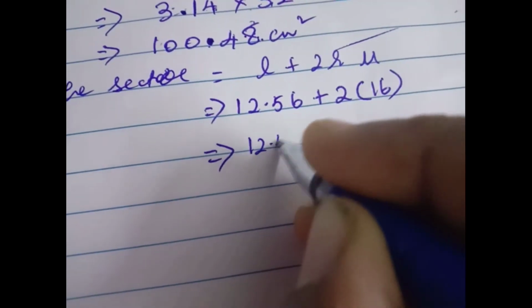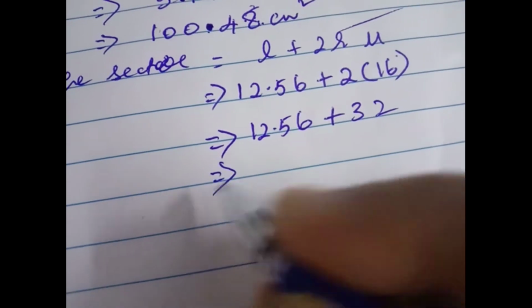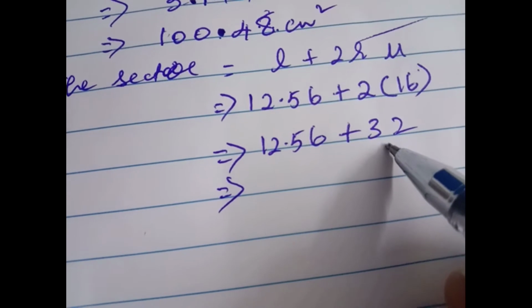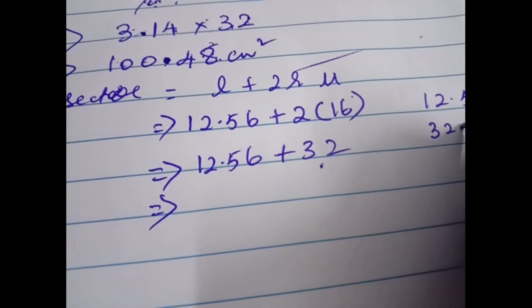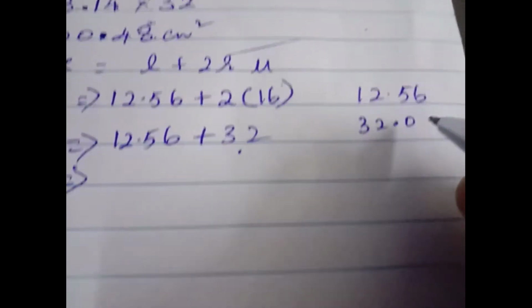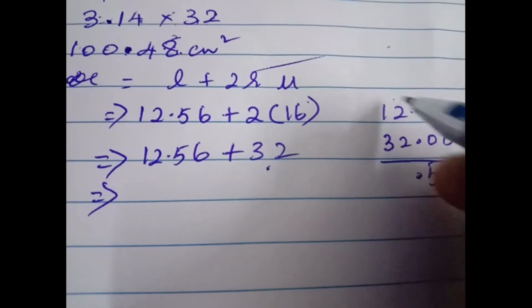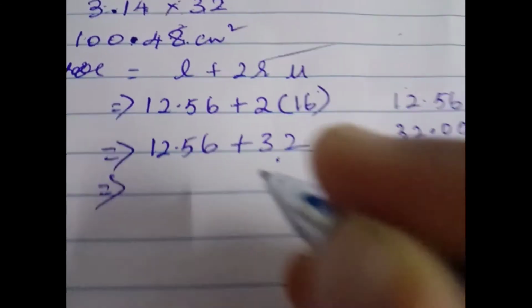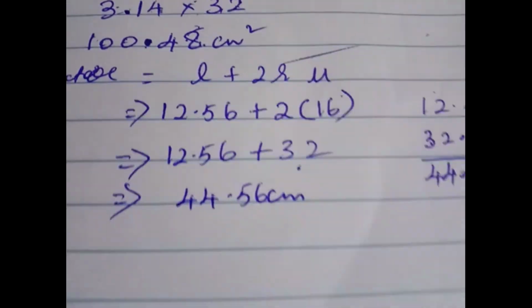Therefore 12.56 plus 2 into 16 is 32. So add this 12.56 plus 32, which is equal to, see here, 12.56, you have to write 32 here, after the decimal point they didn't give a number, so write 0, 0. 6 plus 0 is 6, 5 plus 0 is 5, 2 plus 2 is 4, 3 plus 1 is 4, that is 44.56 centimeter.